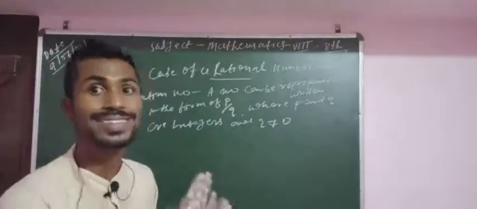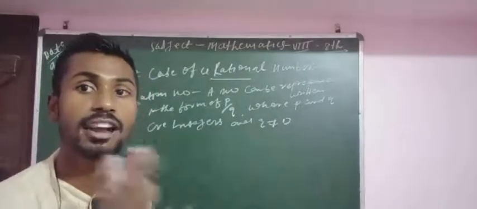It's called a rational number. So this is the actual definition of the rational number.